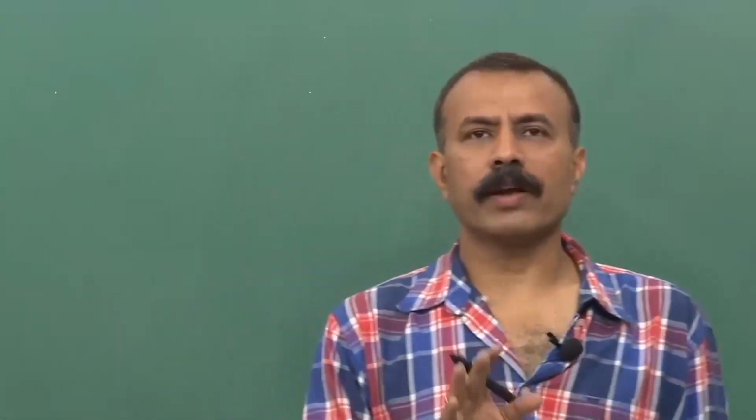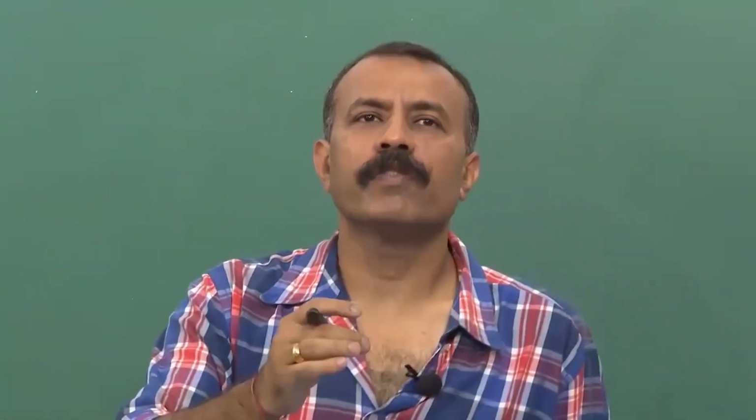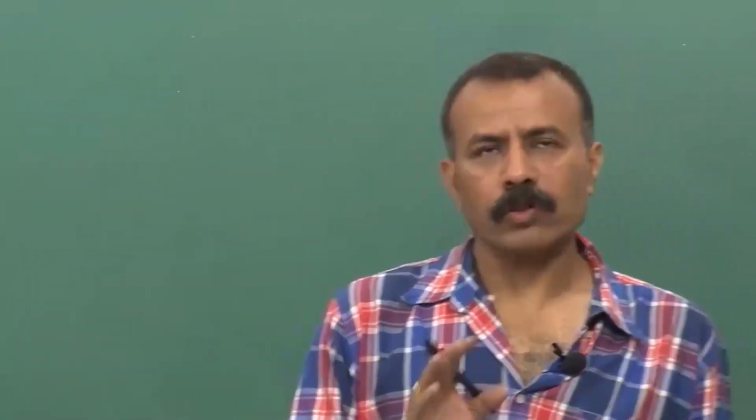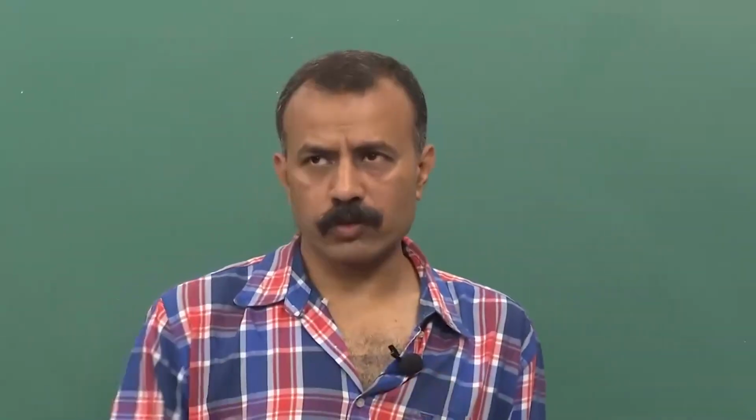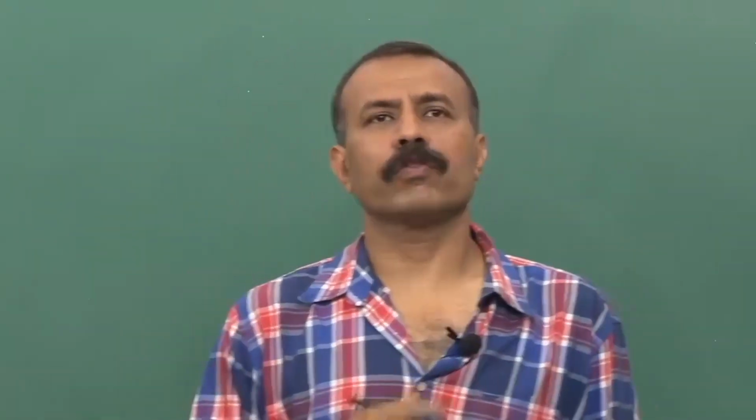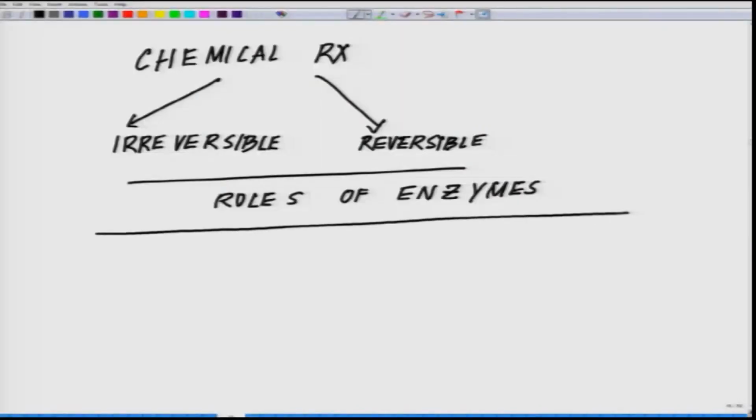But just have at least a very fundamental idea of what enzymes are, how enzymes function, what the kcat value is, and all those kinds of things. I just wish you to go through that as part of your self-assignment to brush up all these basic concepts, okay? The roles of different kinds of enzymes.